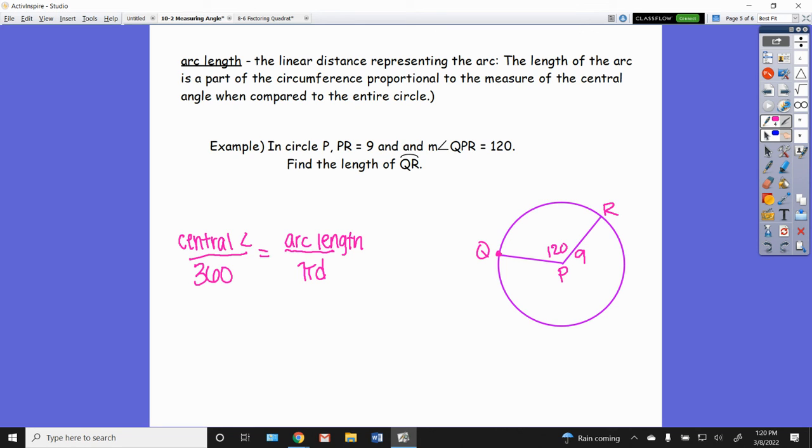Yes, that's right. We got it right. Multiply that by, and then you divide that by.